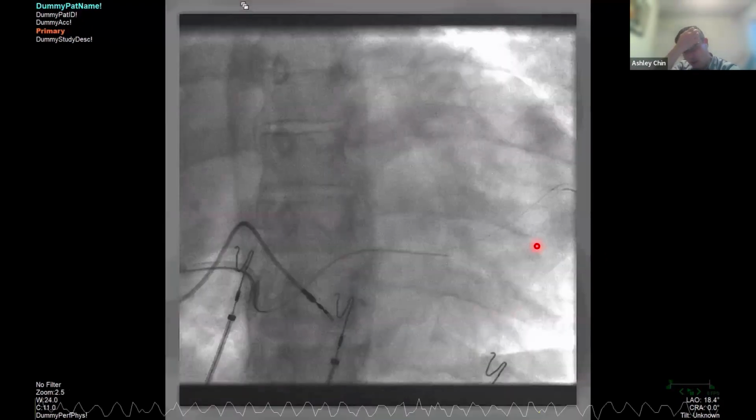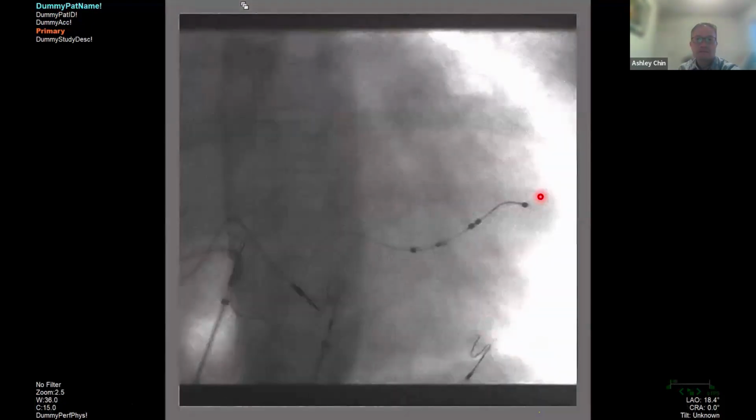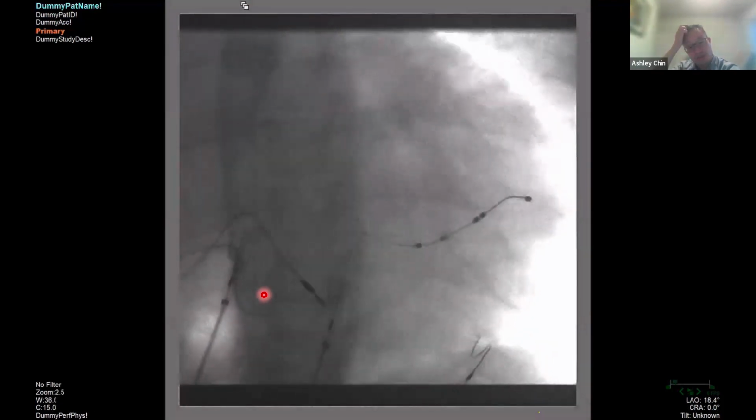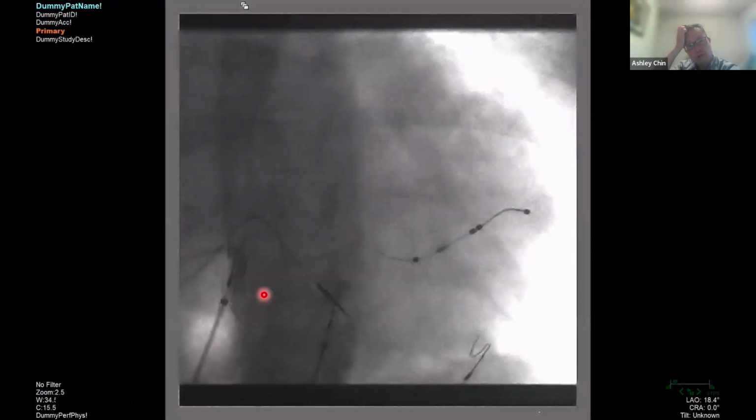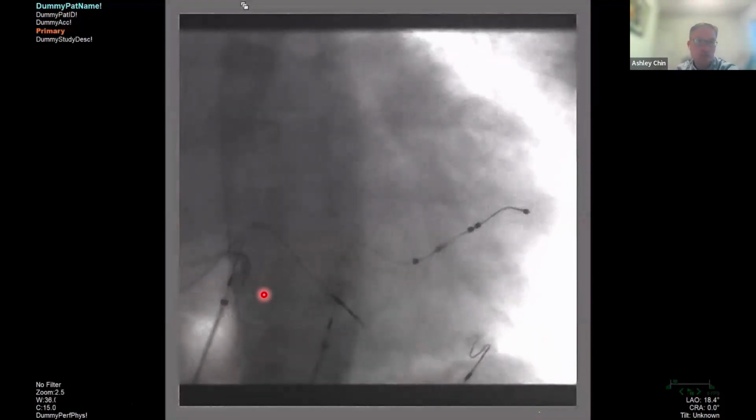Over that wire, we kept the wire there just for stability. We took the inner PTCA wire, the whisper wire, and through that we advanced the quadrupolar lead. So this is the case where we used a left bundle branch area pacing sheath to get into the coronary sinus, which proved quite useful because we couldn't get into it with conventional techniques.